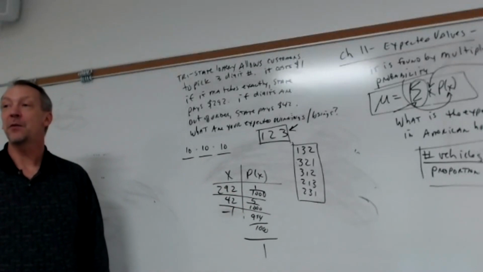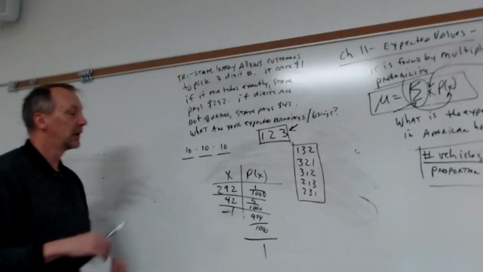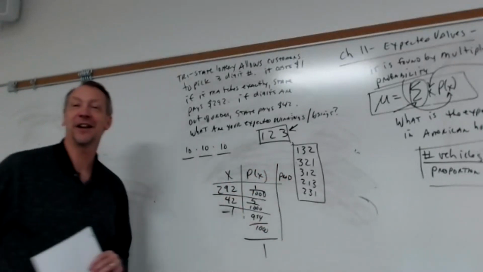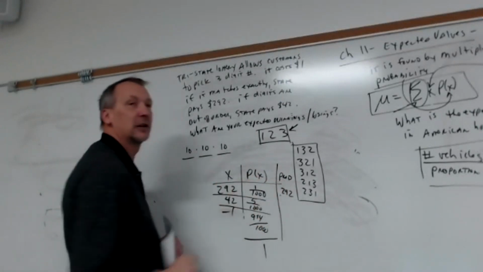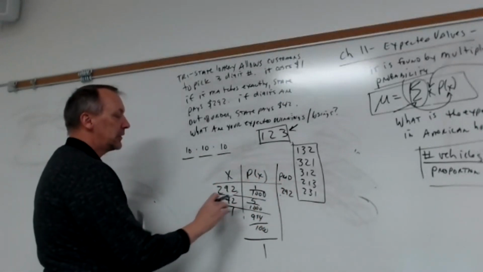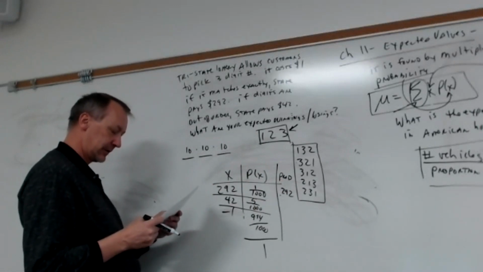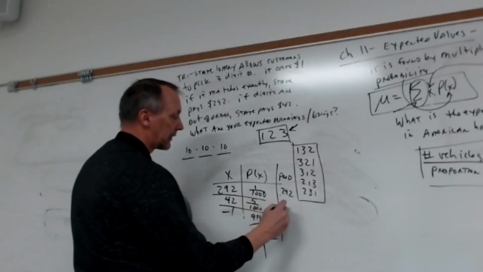Now how do we find the expected winnings or losings? We're going to multiply these products. I didn't give myself enough room, did I? 292 over 1,000 is 0.292, right? 42 times 5, I don't know what that is. 0.21.